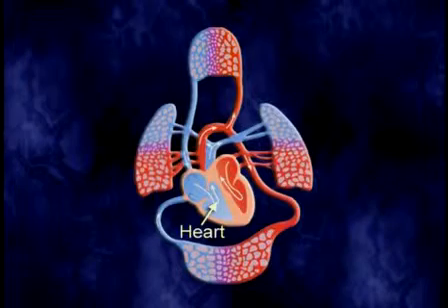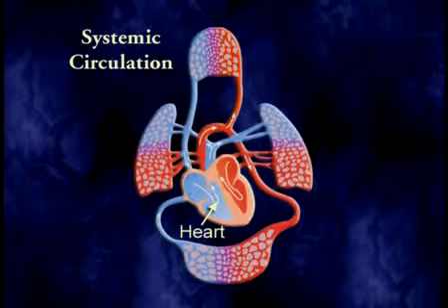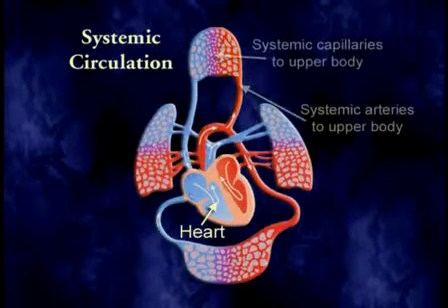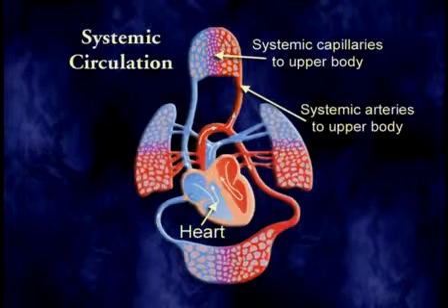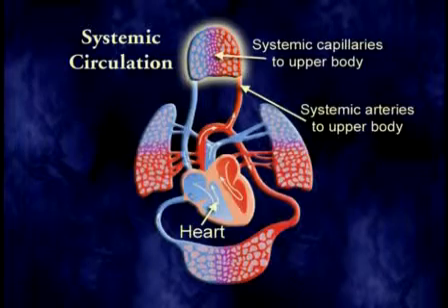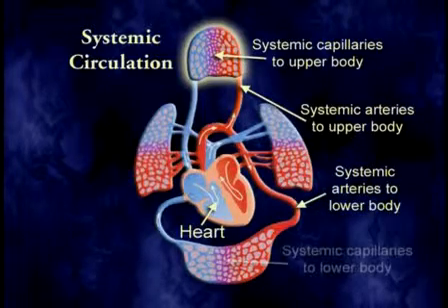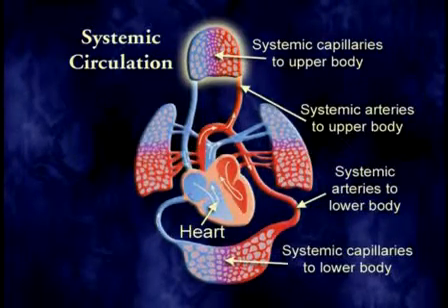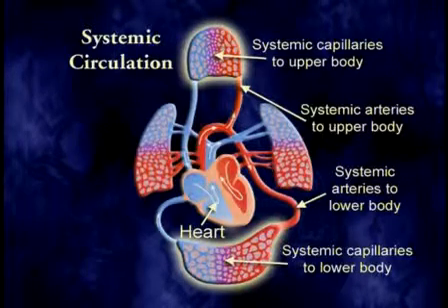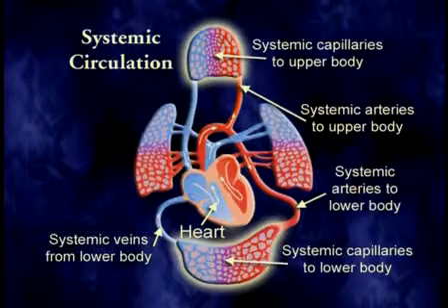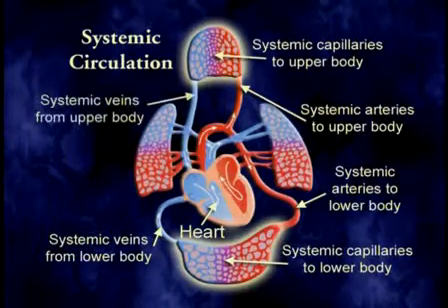We have what's called the systemic circulation, meaning the blood that is going out of the heart and feeding all the organs of the body. This shows schematically the brain, and down in the rest of the body, which would include the organs of the chest, the abdomen, the extremities, the muscles. That's the systemic circulation. Blood returns to the heart through veins to be pumped out again.